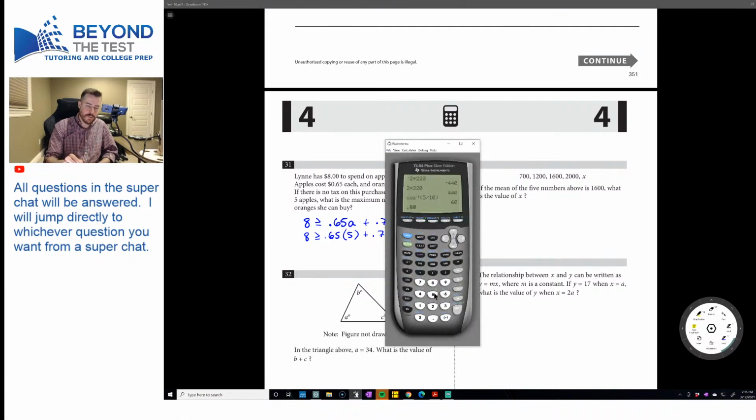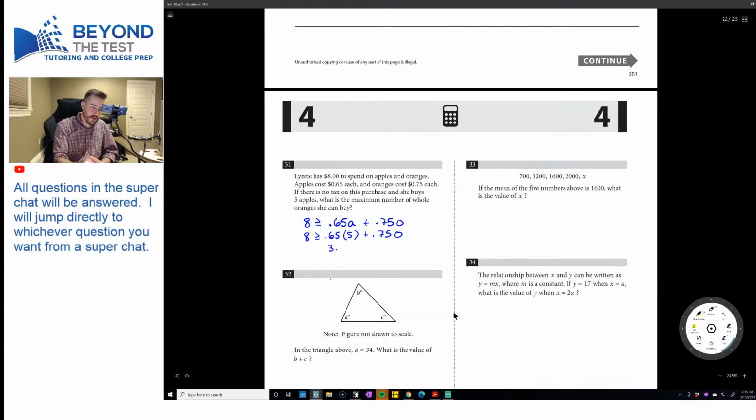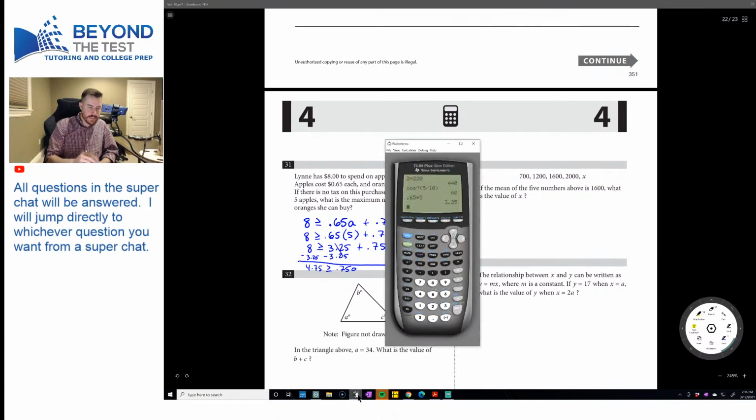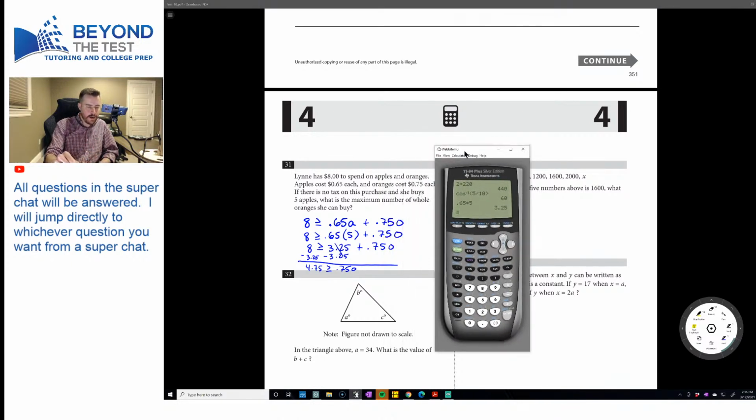But now let's try to solve this out. So if we take 0.65 times 5, that gives us 3.25 here. 3.25 plus 0.75 oranges is going to be less than or equal to 8. And now we're just going to solve for O there for our oranges. So we're going to subtract off the 3.25 from both sides. That would give us 4.75 over here, and that has to be greater than or equal to 0.75 O. And so then lastly here, let's just go ahead and divide.